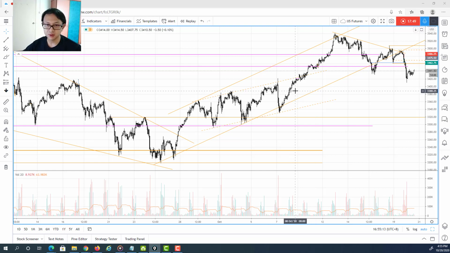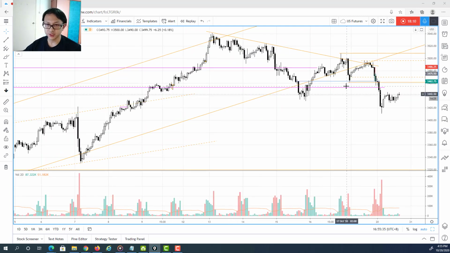So if 3400, 3420 to 3380 cannot hold, then I think we'll see further downside for the market itself to test the low at the 3200 level. So those are the very key levels that I'm watching.